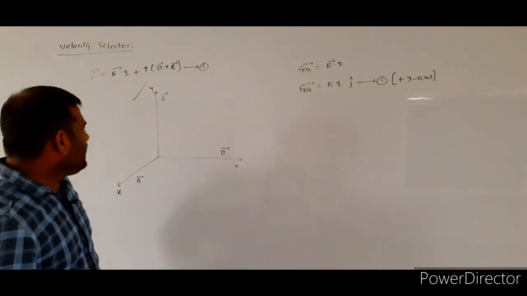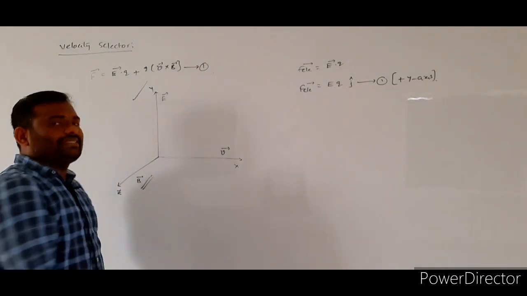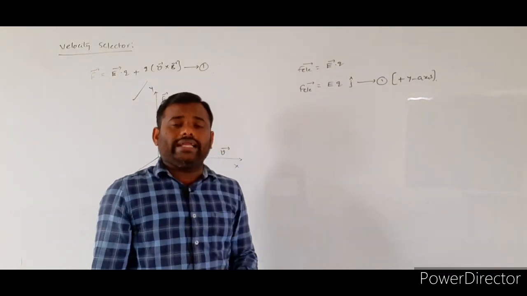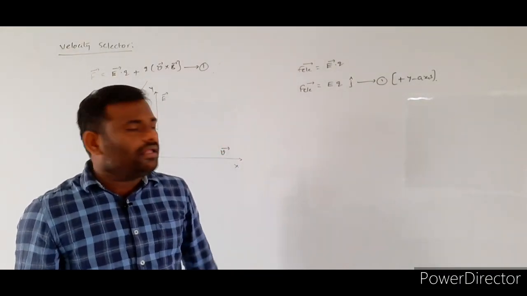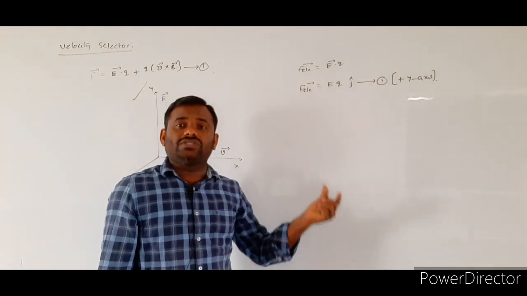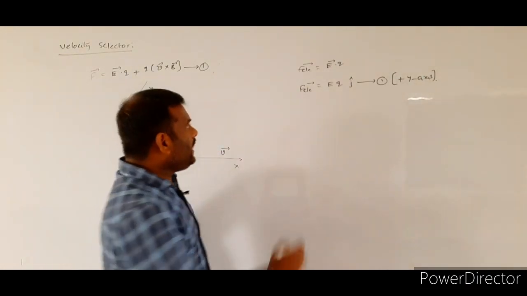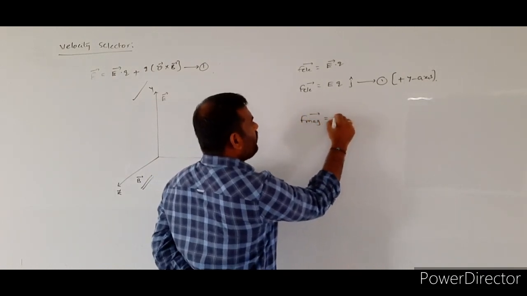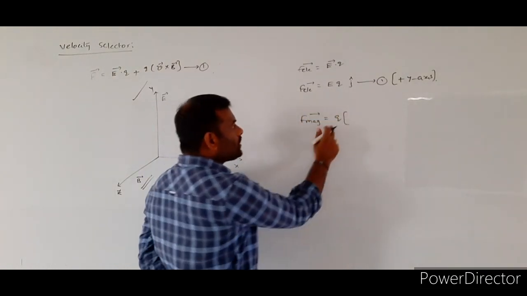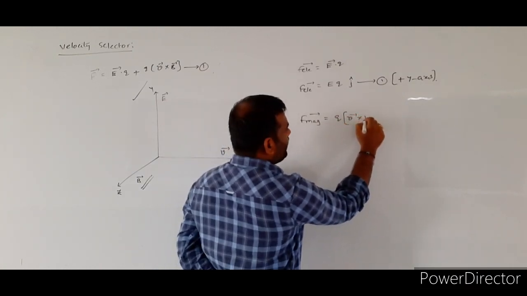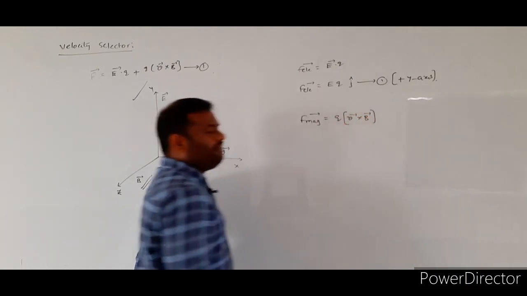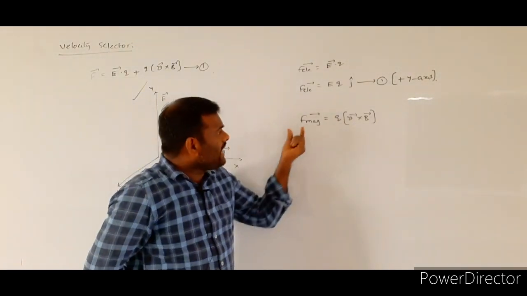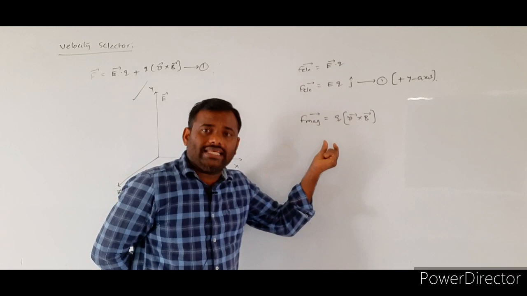Now the magnetic field is also exerting some external force on the charged particle, and I want to calculate along which direction the magnetic force will exist. So F magnetic is equal to, first the general formula, Q into V bar cross B bar.